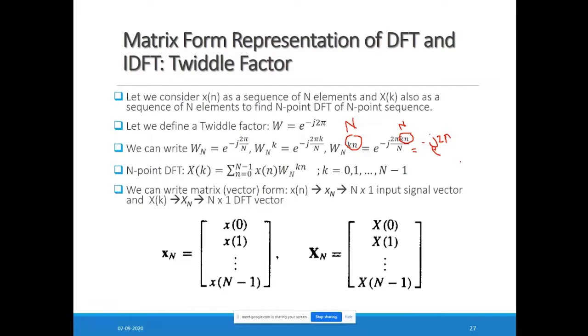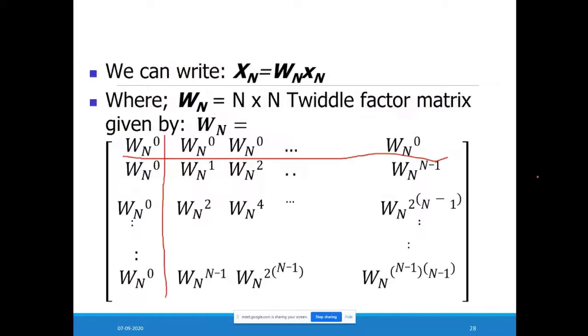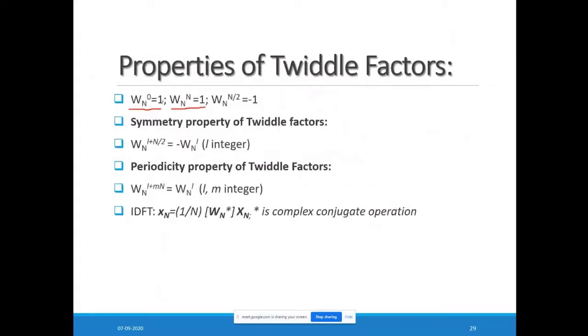The value of cos 2 pi is 1, and sin 2 pi is 0. So the answer is 1 again. For the first term, your answer is 1.